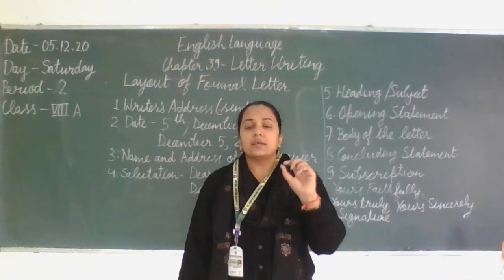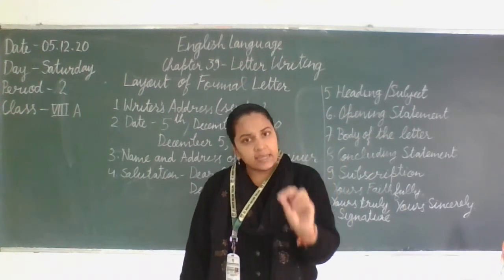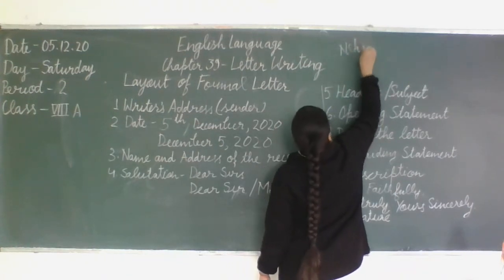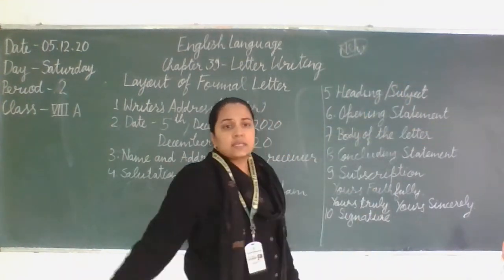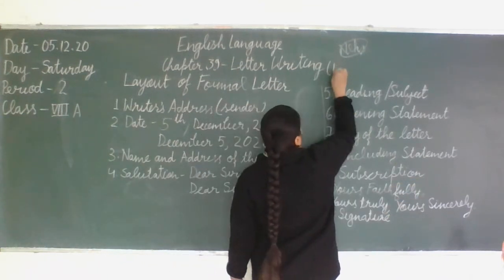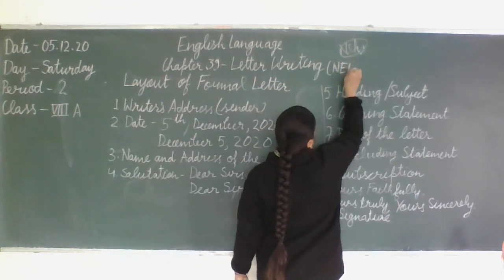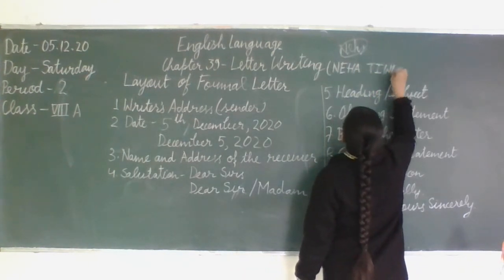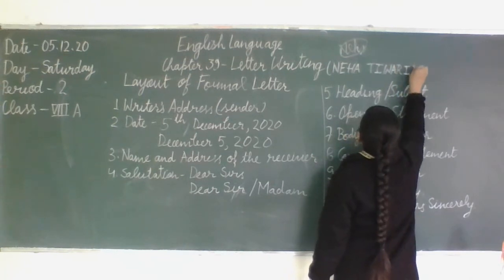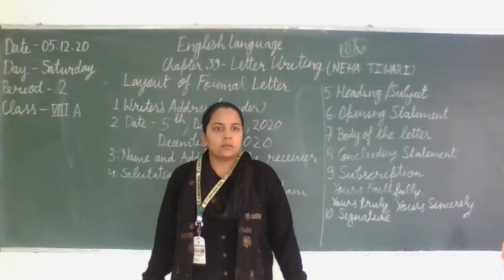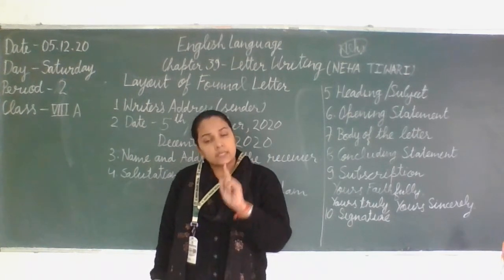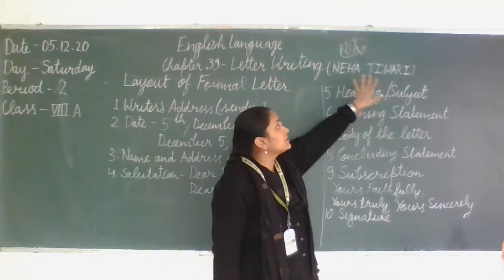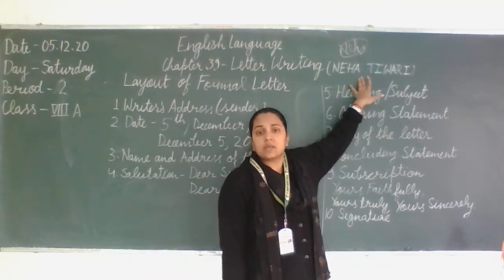And if someone puts the signature in the letter, suppose I am writing my signature, then after the signature, what do you need to do? You have to write your full name within brackets and all in capital letters only. Along with the signature, your name must be within brackets in all uppercase letters.